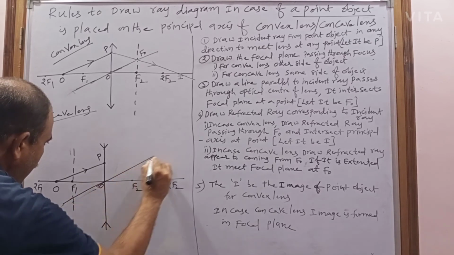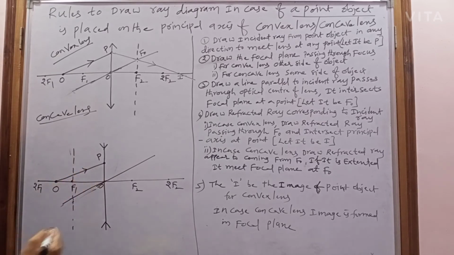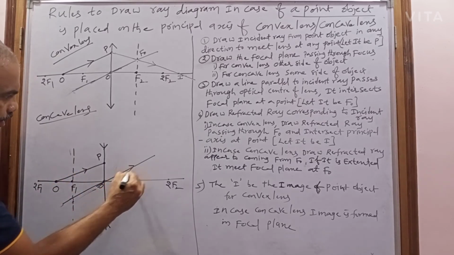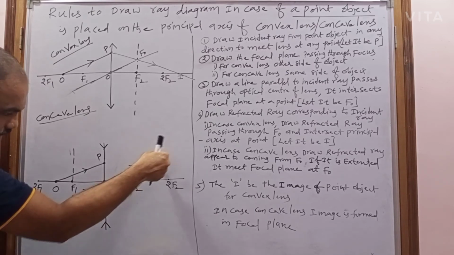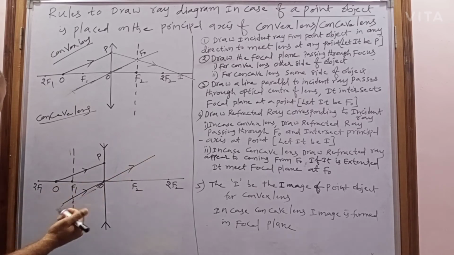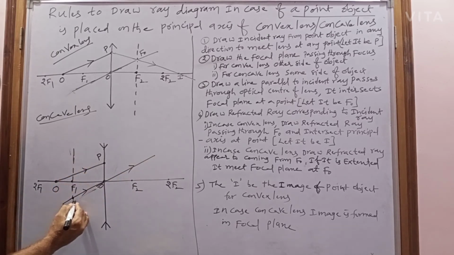Now this is the parallel ray. This is a line that is parallel to the incident ray and passes through the optic center. When this is extended, what is happening? It will intersect the focal plane somewhere. That point is considered F0.